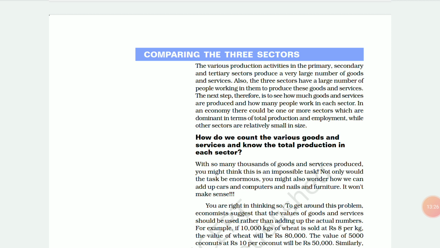It's not so. Rather, every sector in Indian economy, these three sectors are very, very important. Their contribution in the GDP cannot be denied. They not only produce things, but they also provide employment to the people. There are large number of people who are employed in producing these goods and services.